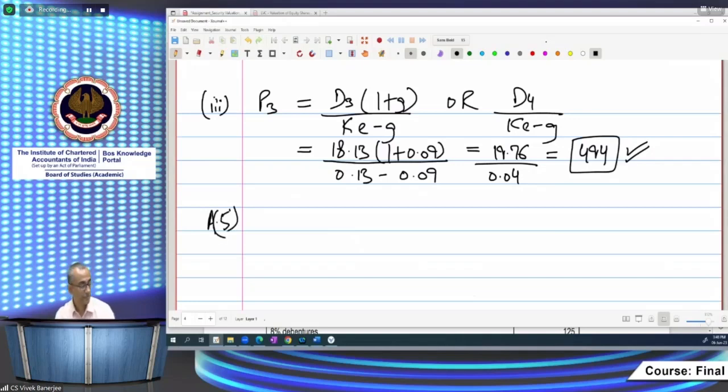Answer 5. So what is the free cash flow method?